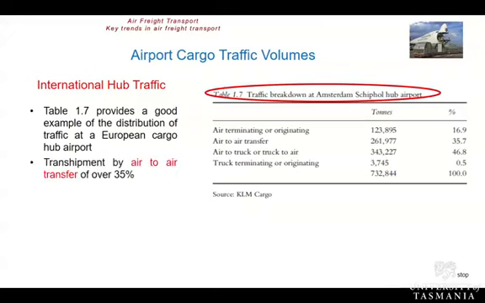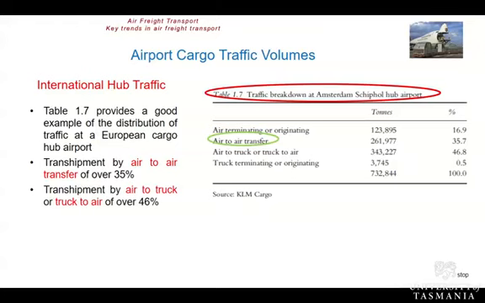What we see here is that goods arriving by air and departing by air is over 35%. So flights coming in, goods moving to another aircraft and moving on happens 35% of the time at the hub. And that's the role that the hub's having. If you remember that hub and spoke idea, flights coming in and then moving out again, that happens 35% of the time at this particular airport.